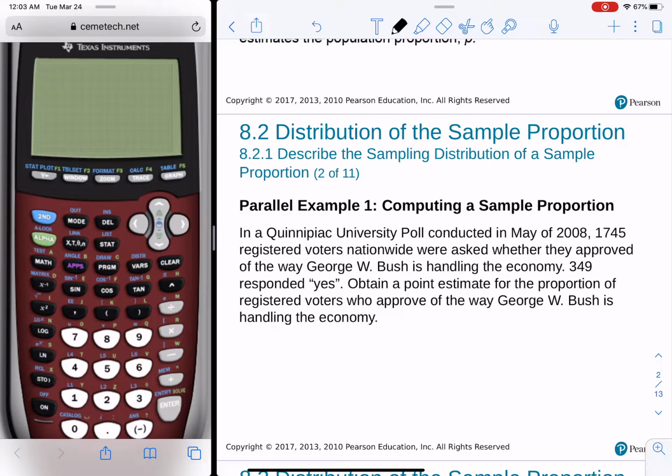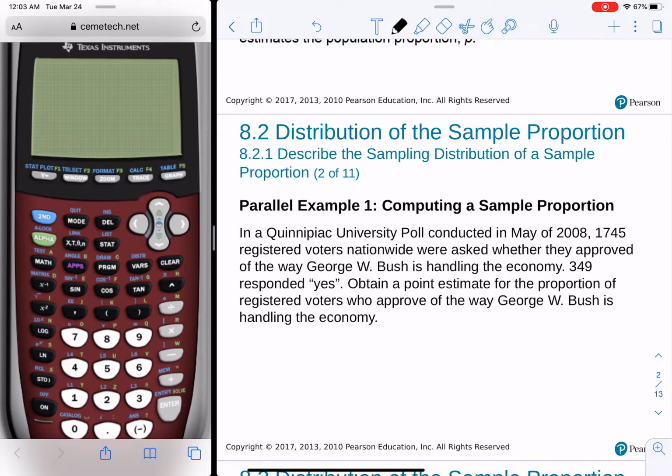So here's an example. In a Quinnipiac University poll conducted in May of 2008, 1,745 registered voters nationwide were asked whether they approved of the way George W. Bush is handling the economy. 349 responded yes. Obtain a point estimate for the proportion of registered voters who approve of the way George W. Bush is handling the economy.